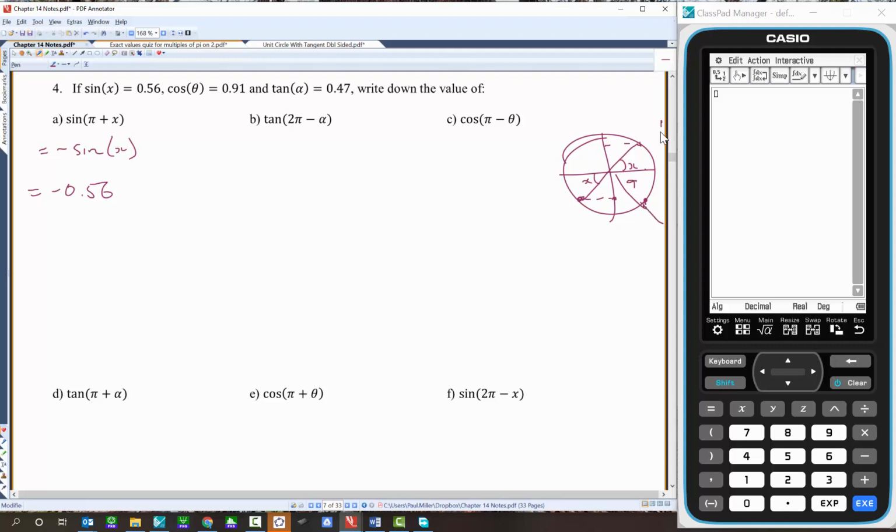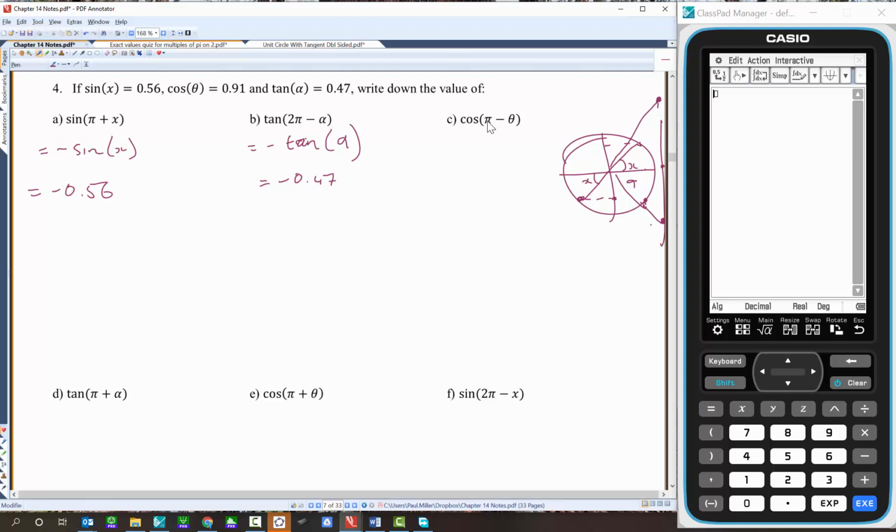Where's it going to hit the tangent? It's going to hit it there. Why don't I get alpha in the first quadrant, which will be positive, and then negate it to bring me down to here. So this is the same as negative tan of alpha, and tan of alpha is 0.47, so negative 0.47.